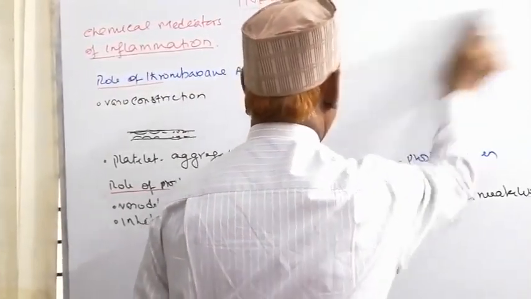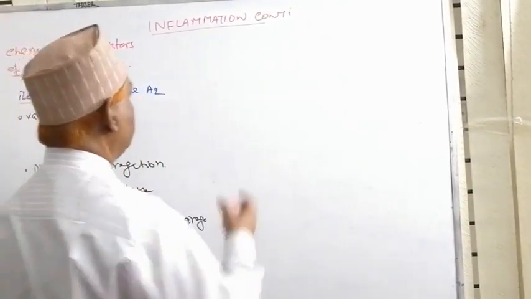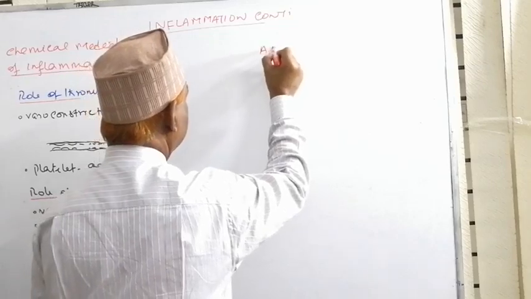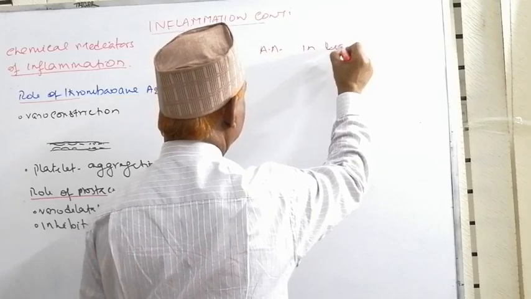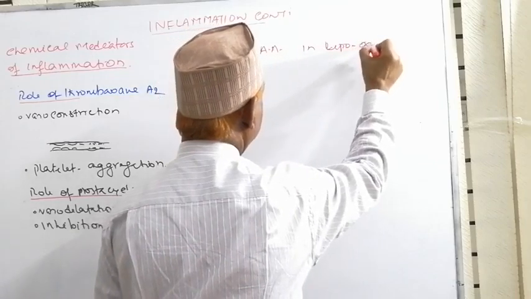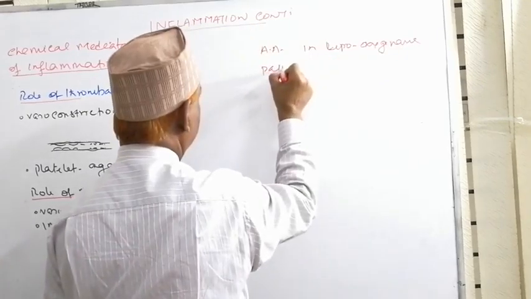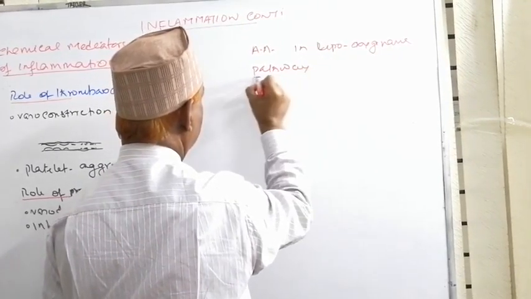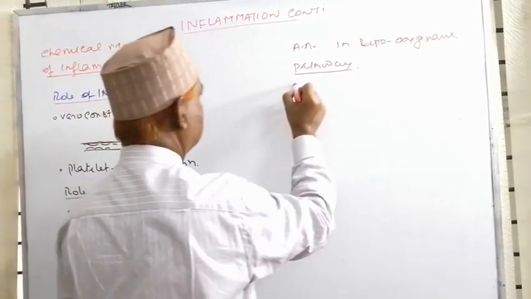Now come to metabolism of arachidonic acid by the lipooxygenase pathway. When arachidonic acid is metabolized in the lipooxygenase pathway, there are some metabolites. What are the metabolites?